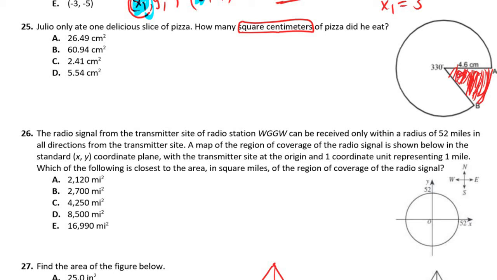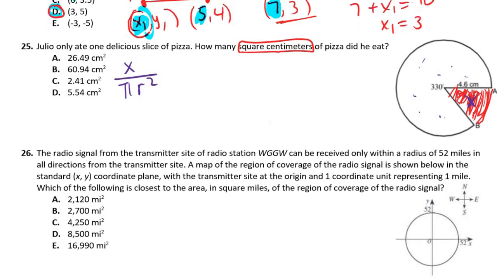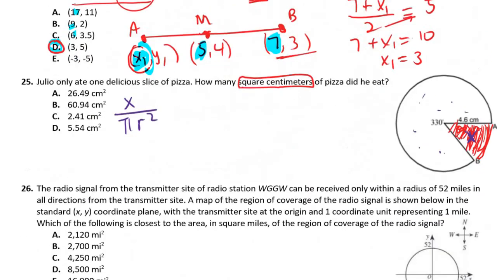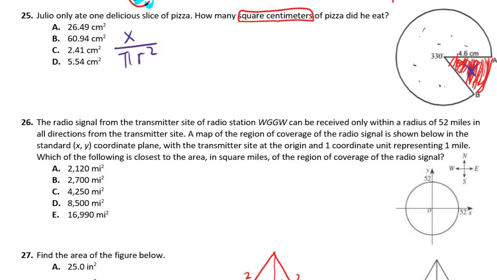This time we're not going to say arc length, we're going to say area. So I'll call the area X. Inside here is X. The area is X inside, okay? So the area divided by the overall area. The overall area for this is pi r squared. That's different from the other one that we did, circumference. Here we do area to area. We compare area to area.